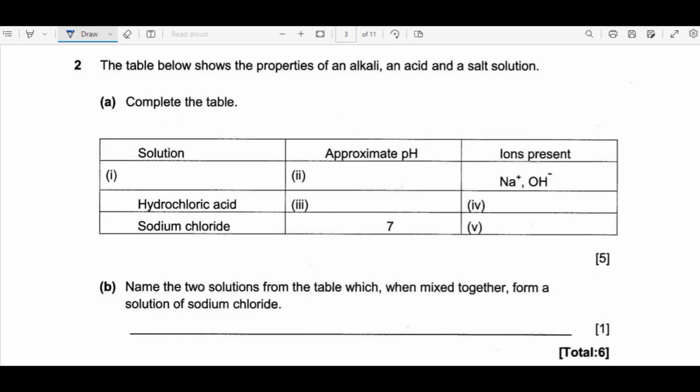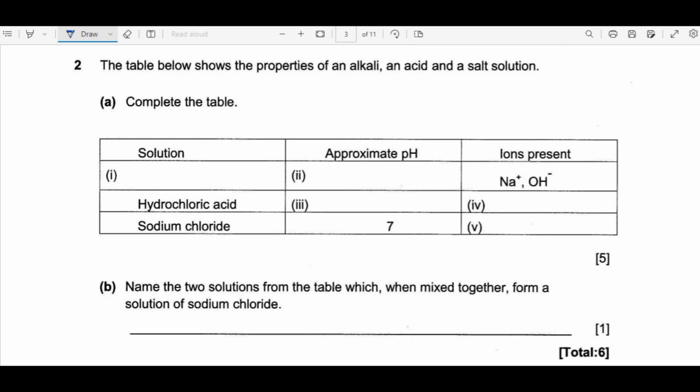We move on to question 2. The table below shows the properties of an alkali, an acid, and a salt solution. Then we have the question, complete the table. The first column is solution, the second one approximate pH, then the ions present. To finish Roman number 1 and 2, first we need to look at the ions present. So the ions present, we have the sodium cation and the hydroxide anion.